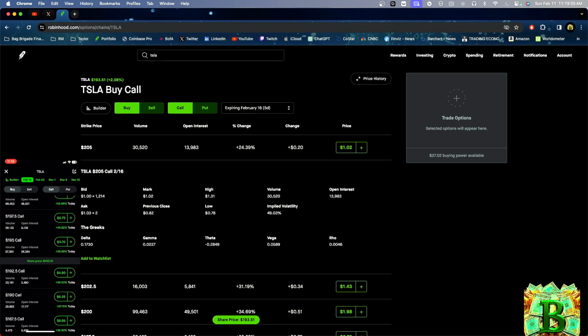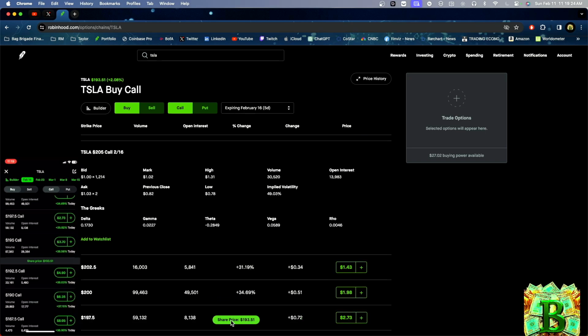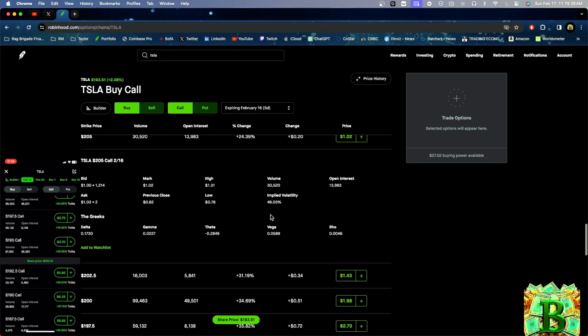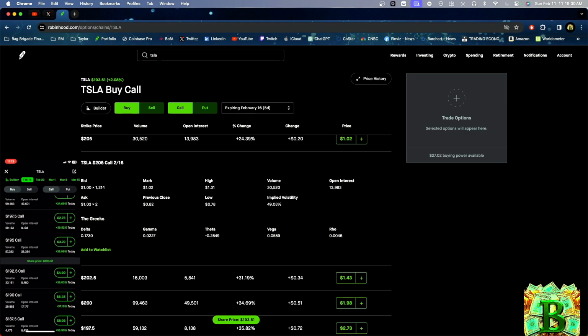You know, it's going to be the implied volatility. It's basically everything right here, and this, and all this stuff. These are all extrinsic things. The only thing that is intrinsic is this, the share price of the underlying. So as long as you understand that, let's move on.